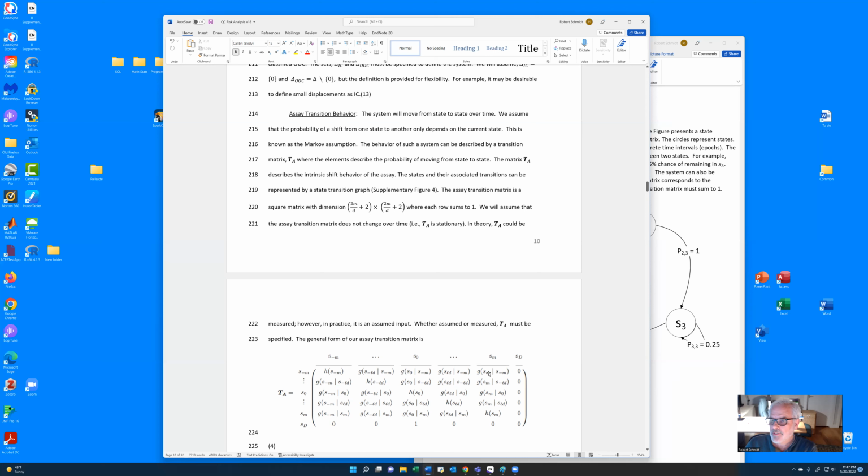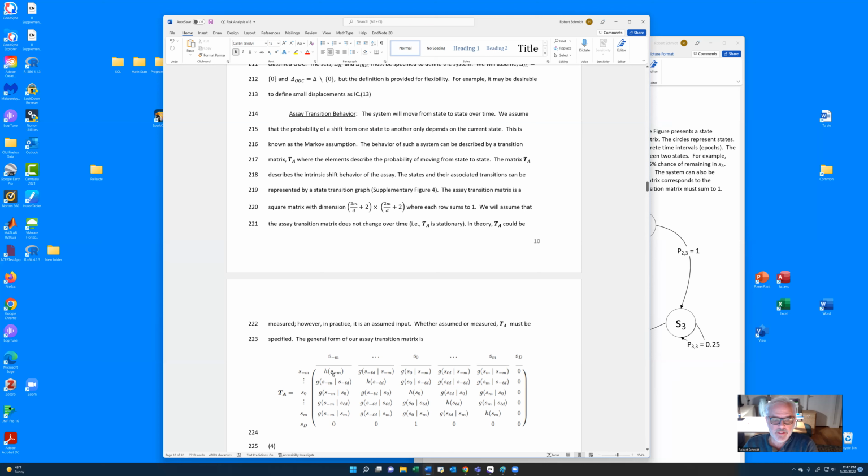Unlike the Parvin type model, where we assume that you can just go to one state and stay there till it's detected, here we assume the assay can undergo a random walk where it just moves around from state to state. And by giving different values to this, we can really prescribe how that happens.